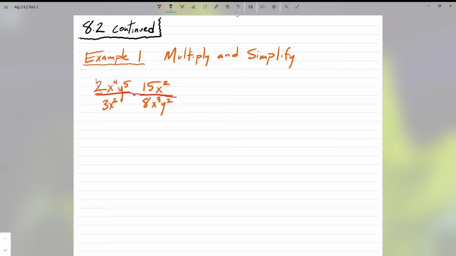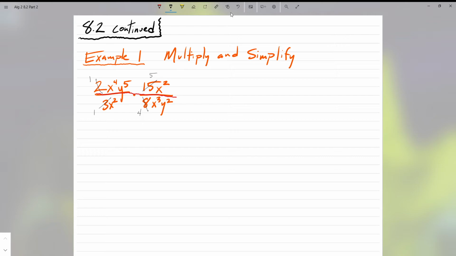So I'm going to reduce the 2 and the 8. If I divide both of those by 2, I'd be left with 1 and 4. And then I've got the two other numbers, a 3 and a 15. So I'm going to divide both of those by 3. And so then this would become a 1 and this would become a 5.